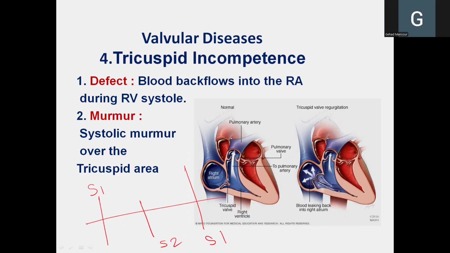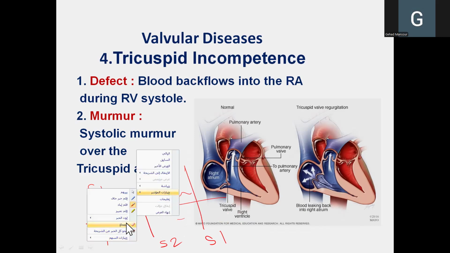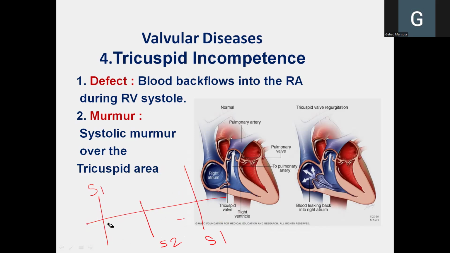So if it occurs during diastole, then it occurs here. I'm sorry. This occurs during right ventricular systole, so it occurs between S1 and S2.